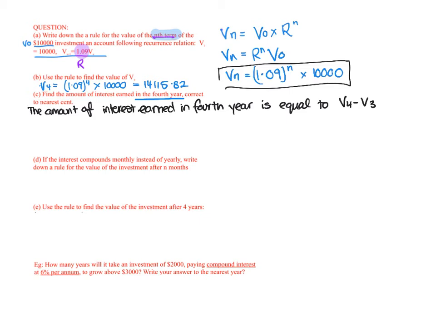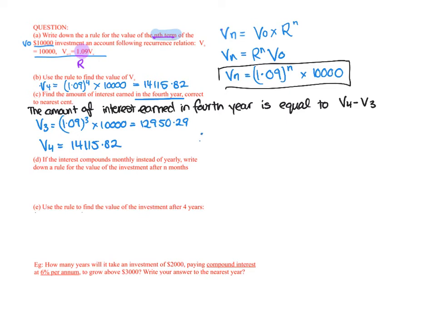So when we do V3, we can use our nth term formula. So it would have been 1.09 to the power of 3 times 10,000, which equaled 12950.29. Then we already knew what V4 was, didn't we? We did it in the question before. So I've got that there.